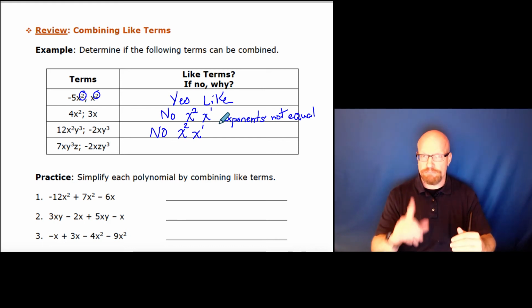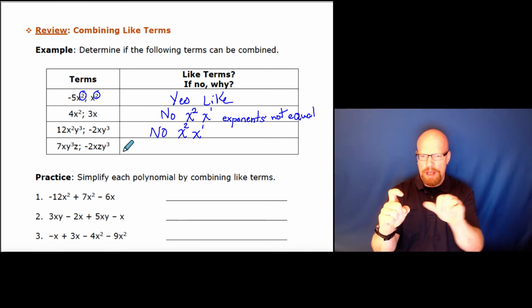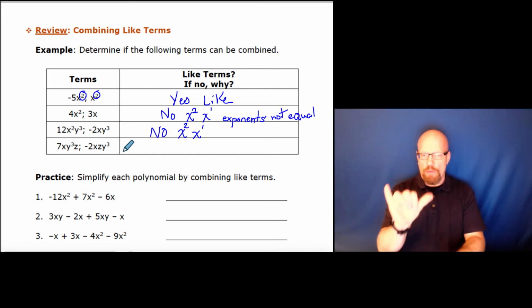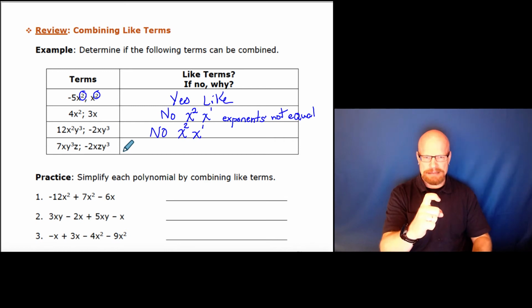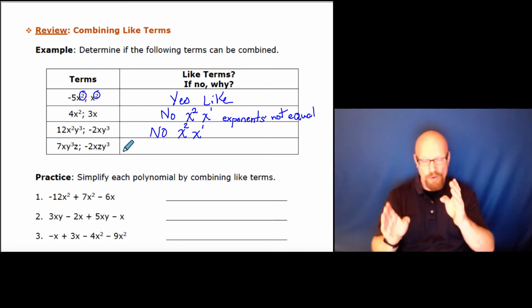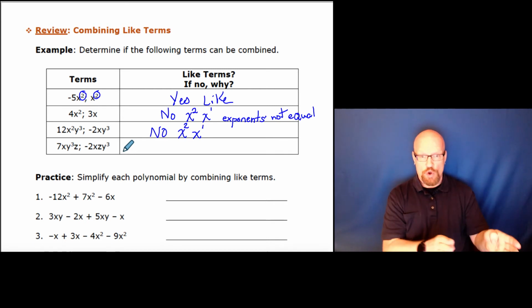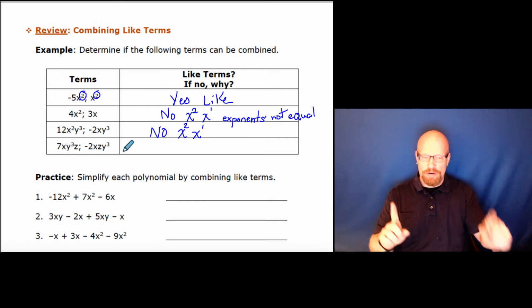Okay. Now, the last example here, we have x times y cubed times z. Then we have x to the first times z times y cubed. Remember, when you multiply, order doesn't matter.